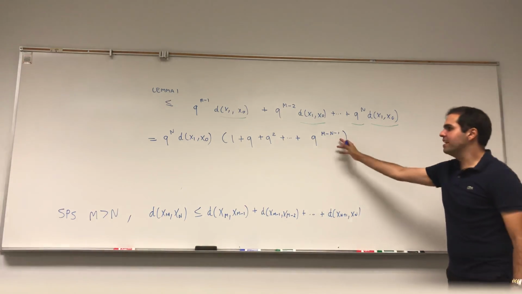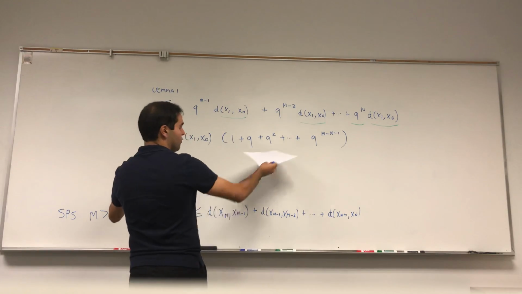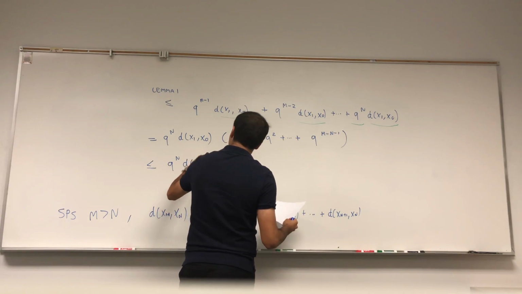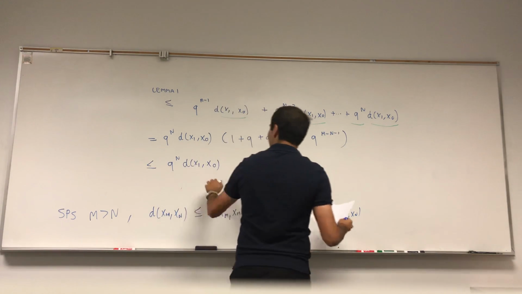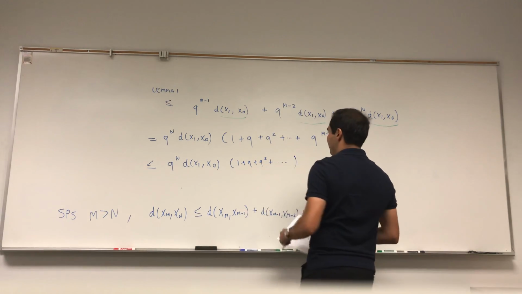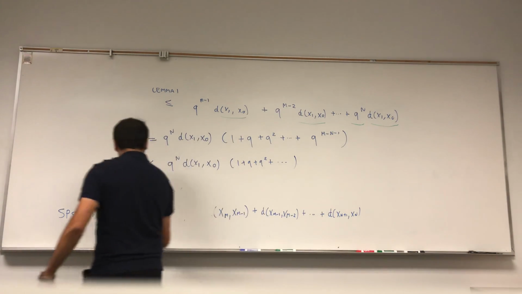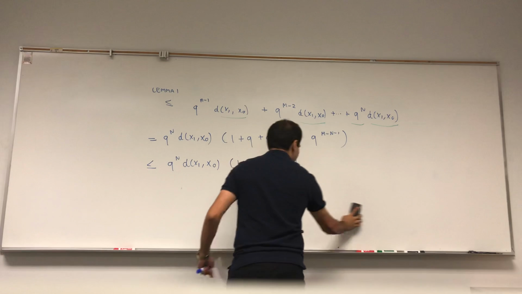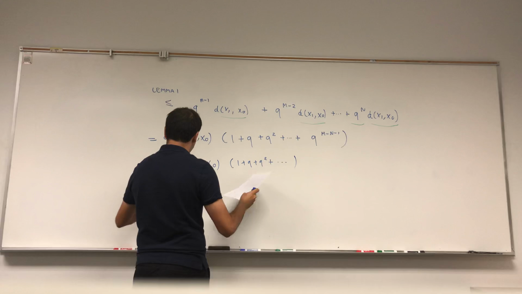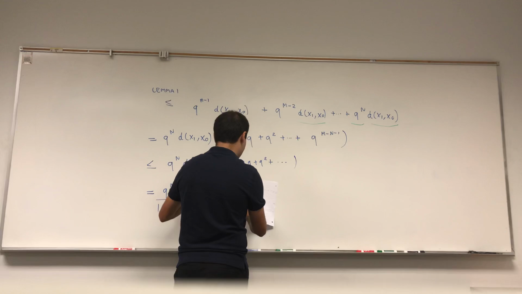And look, this is the beginning of a geometric series, so the finite sum is less than or equal to the whole series. So this is less than or equal to q^n d(x_1, x_0) times (1 plus q plus q^2 plus dot dot dot). And by the sum of the geometric series, this has an explicit expression. So this becomes q^n times 1 over (1 minus q) times d(x_1, x_0).